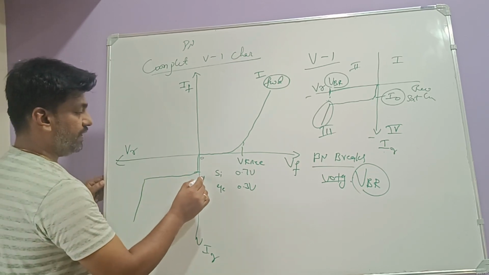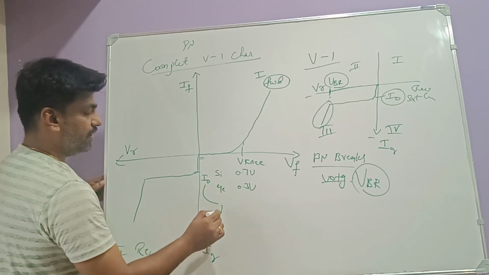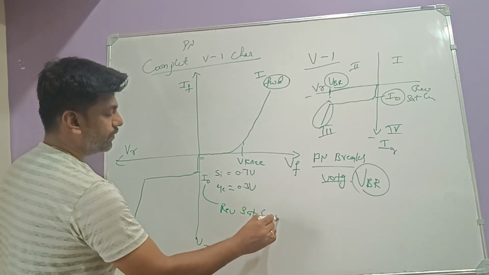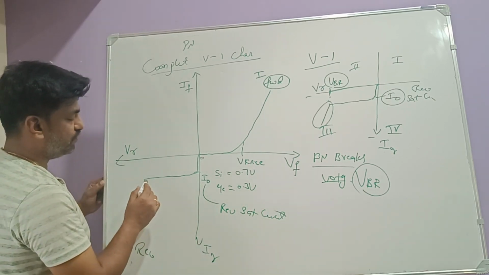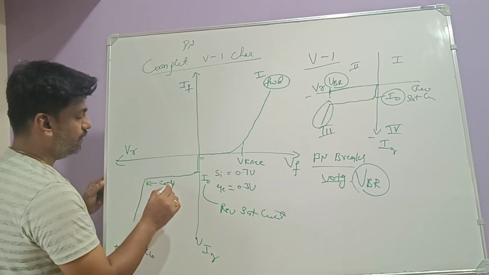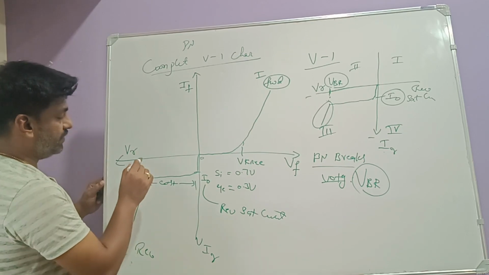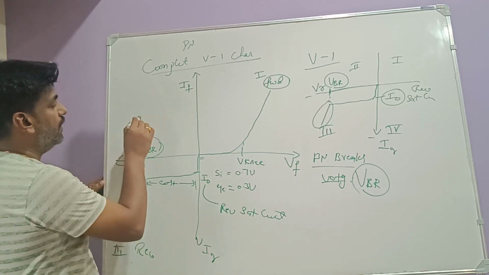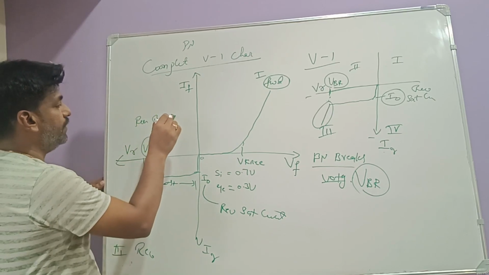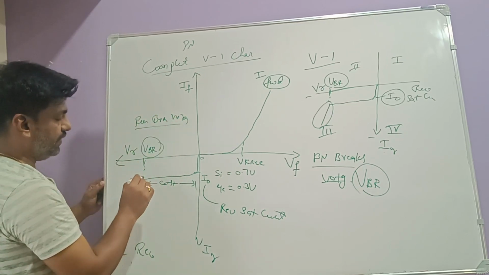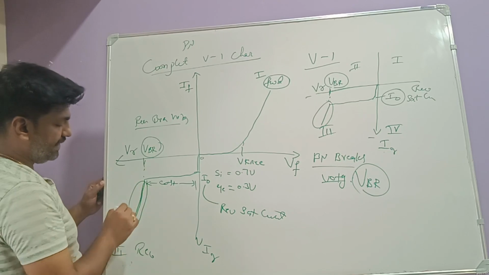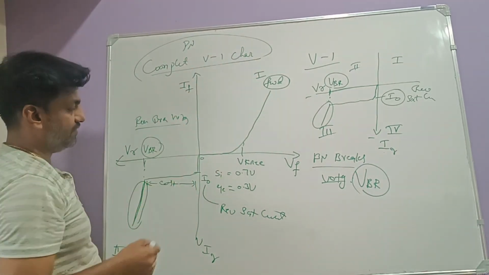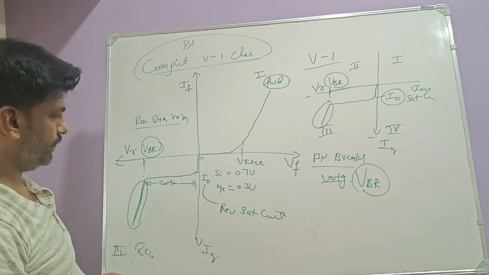This we have written as I naught, the reverse saturation current, which is almost constant. Then after some voltage, we call that the reverse breakdown voltage. At this voltage, the diode stops conducting and it breaks, right? So this is the complete VI characteristics of the PN junction diode, right?